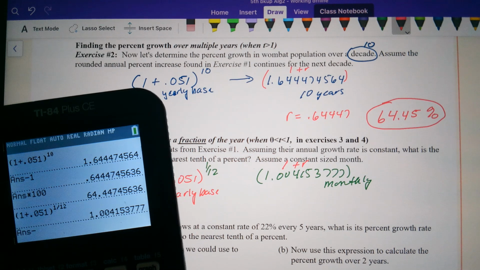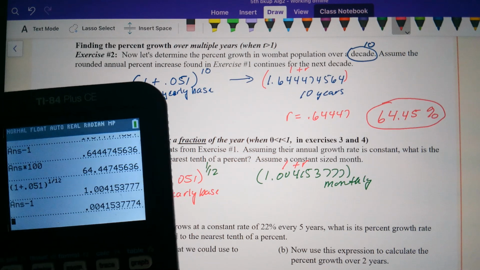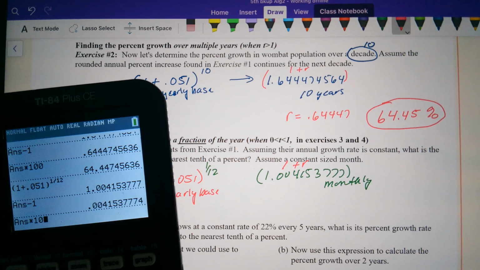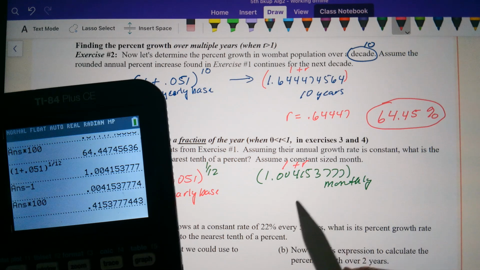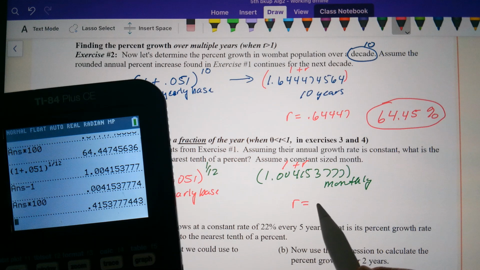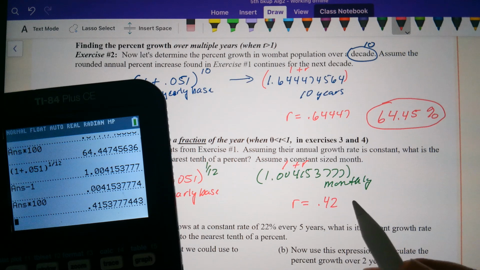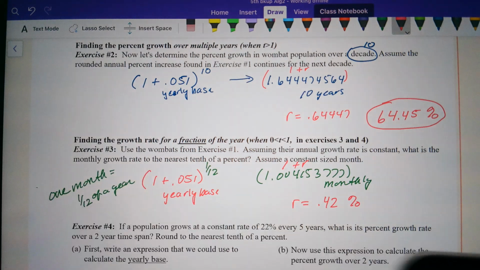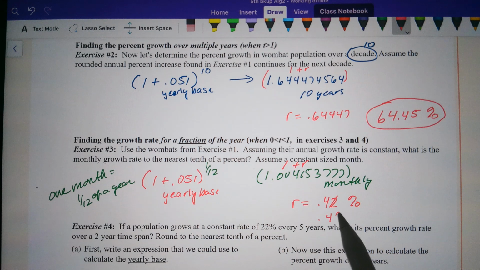So we simply subtract 1 on the calculator and then times it by 100. So R equals 0.42%. Oh, to the nearest tenth percent. Okay, sorry. So 0.4%.